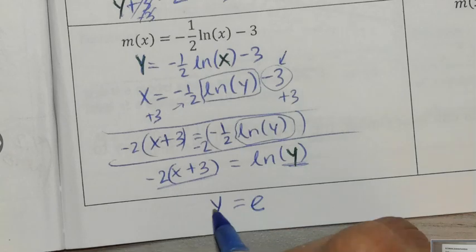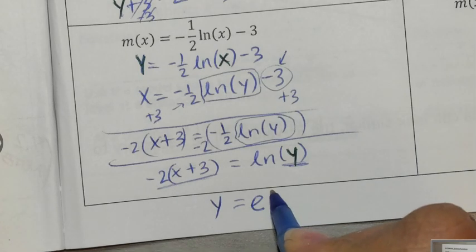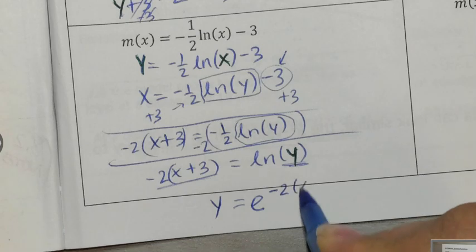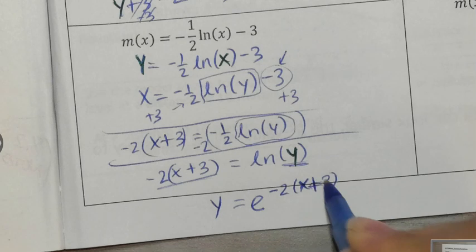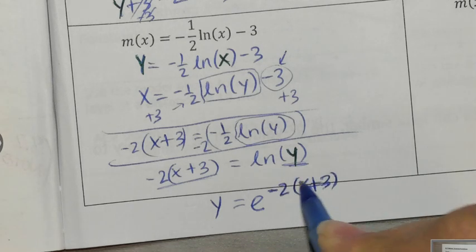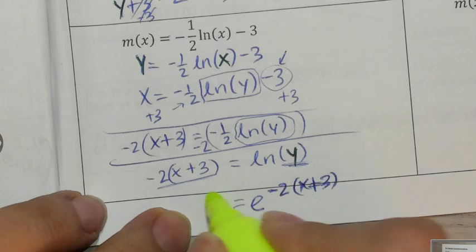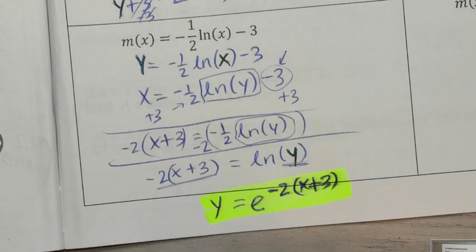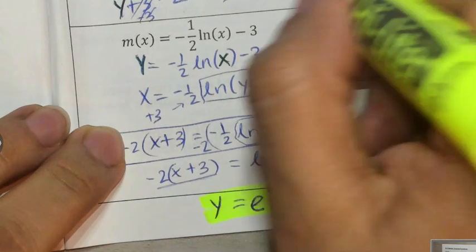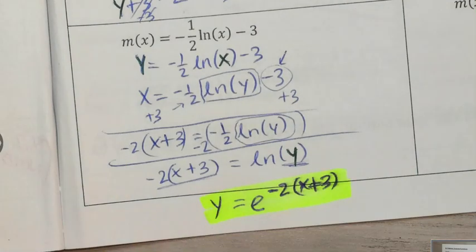So y equals e to the power of negative 2 times x plus 3. So it's an exponent. And again, you cannot get this far if you don't practice the rewriting part. So I strongly encourage you to practice the previous notes, 8.5 and 8.6, become really, really good at that so you can have this be easy for you.